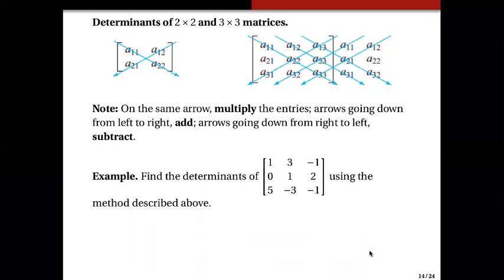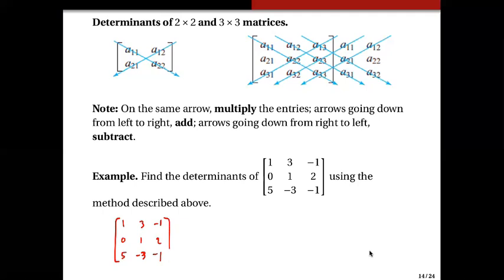Next example here. So this is the same matrix as before on the previous example. So we should expect the same value as in that one. But this time we use the method described above. So we have 1, 3, negative 1, 0, 1, 2, 5, negative 3, negative 1.